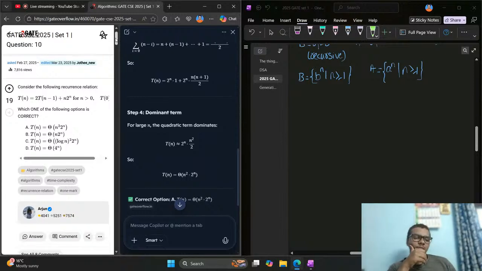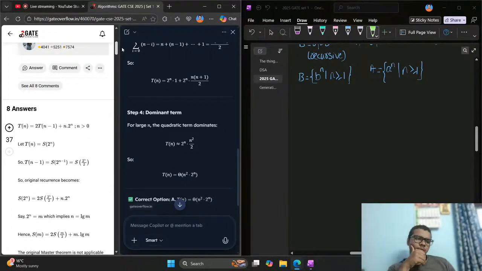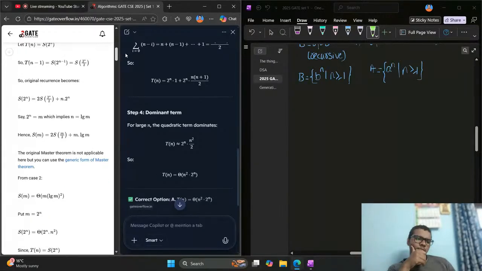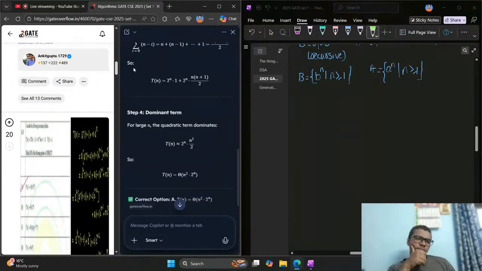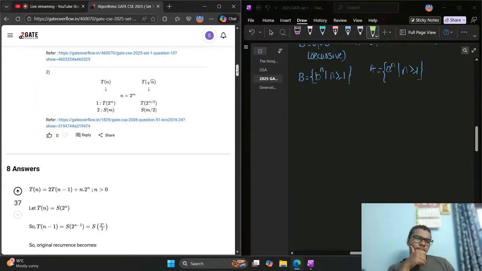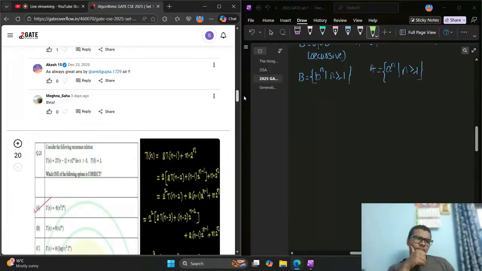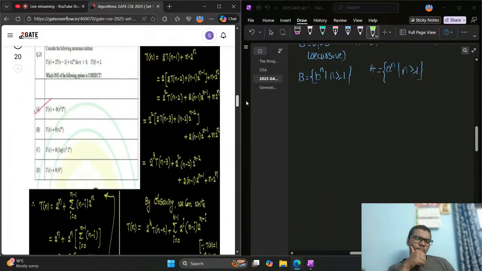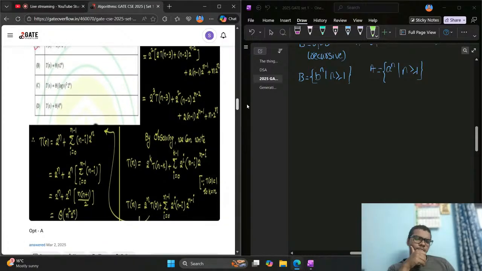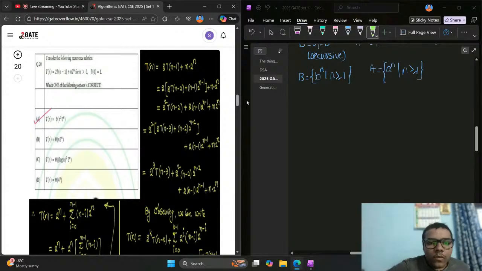Let's see the other methods of solving. That f of n is equal to other.